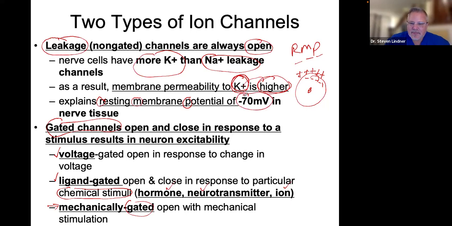That's the resting membrane, meaning if this is a chart, and let's say we have minus 70 here, and then we have minus 55, and then maybe a 0, and then positive 30.